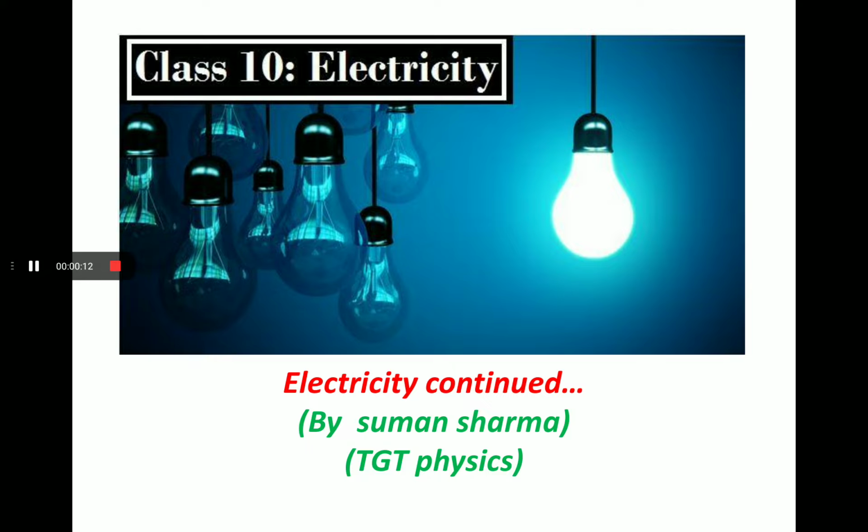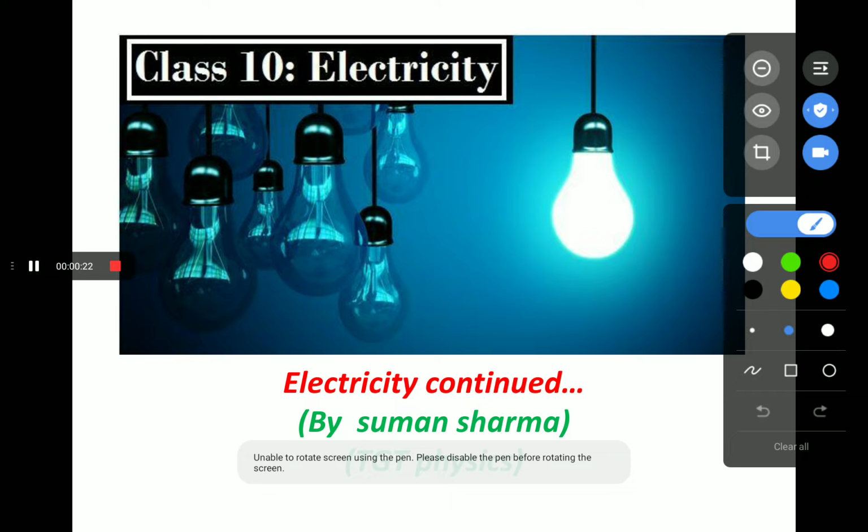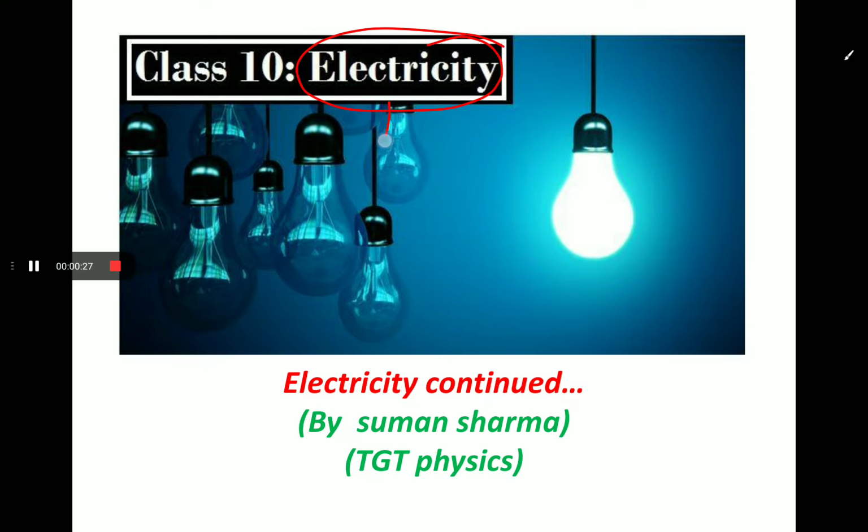In this video, we will study types of electricity and electric potential. First of all, we will learn something about electricity. Electricity is electrical energy, and that electrical energy is a form of energy resulting from the presence of charged particles.